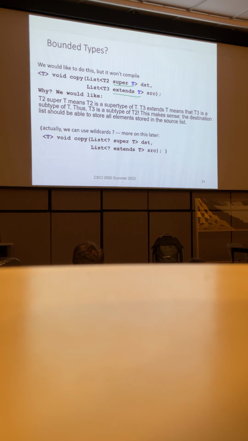In other words, T3 is a subtype of T2, but that doesn't make list of T3s a subtype of list of T2s. Right? And this is probably the hardest concept to understand about generics. Right? This problem, we would still be able to solve it, but we would introduce the wildcard, this question mark. Right? So more on this later, but for now, let's see why such a problem exists.